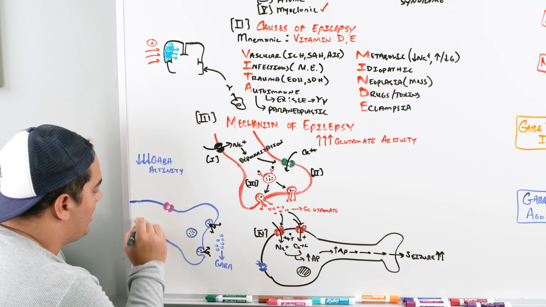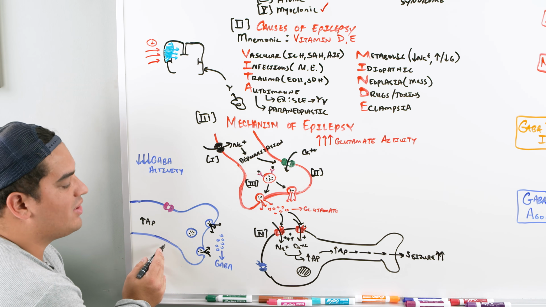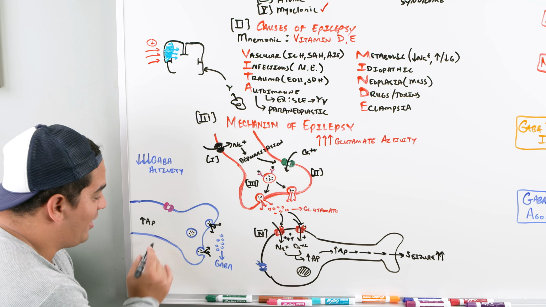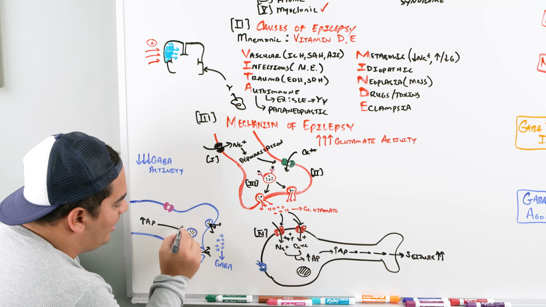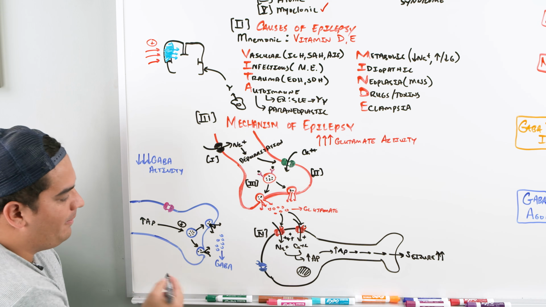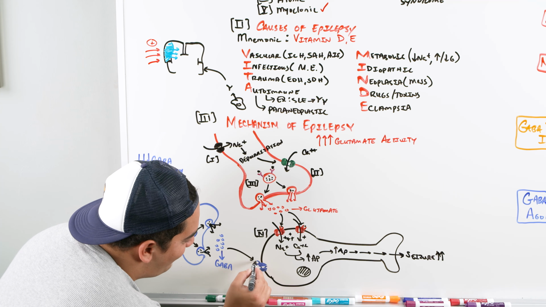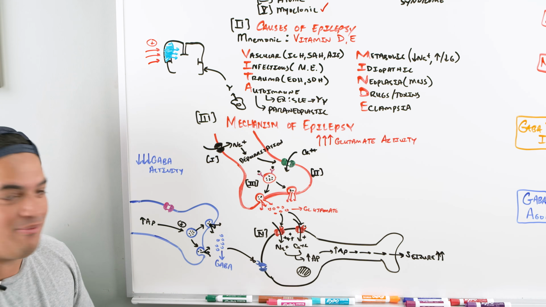But there are no special channels that are relevant to the pharmacology. What it'll do is lead to the stimulation of these vesicles to fuse with the membrane and release GABA.